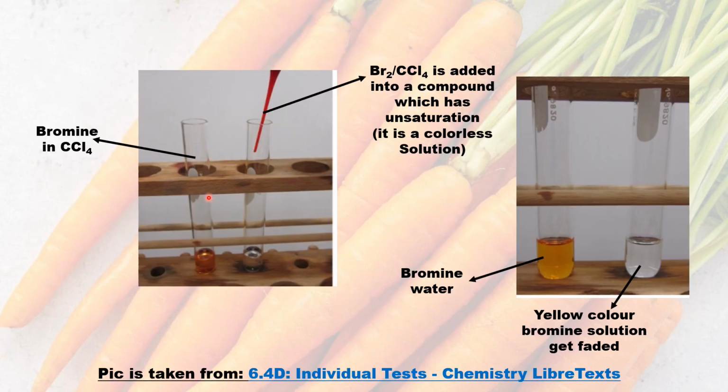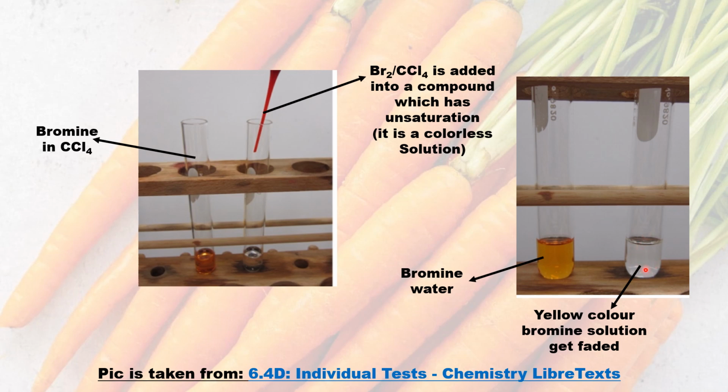Now this test tube contains bromine in CCl4. You can see the color of the solution is deep orange, and this test tube contains a compound which has unsaturation. Now when you add bromine in CCl4 to this compound which contains unsaturation, you can see this test tube doesn't show any yellow or orange color.